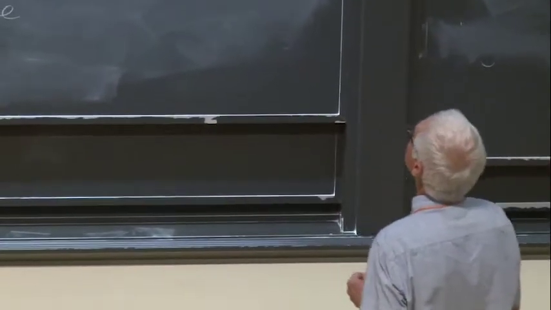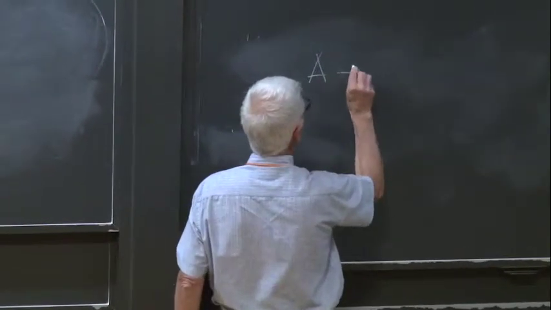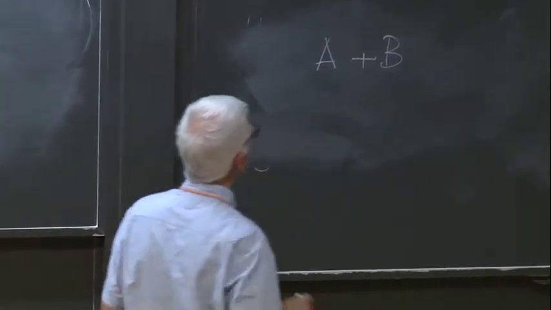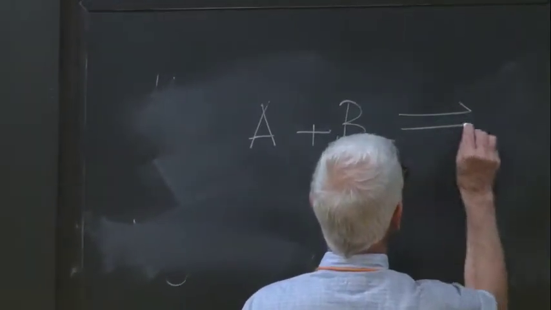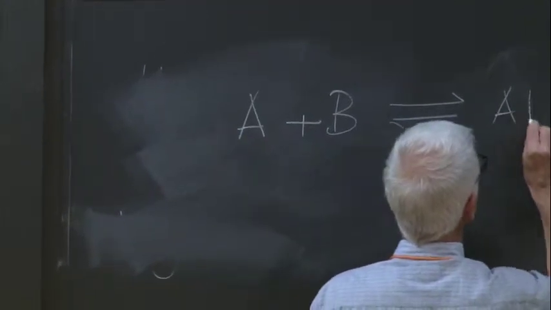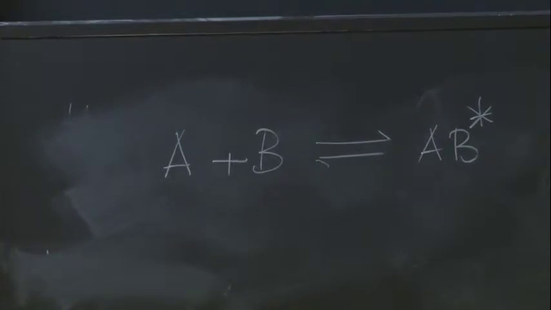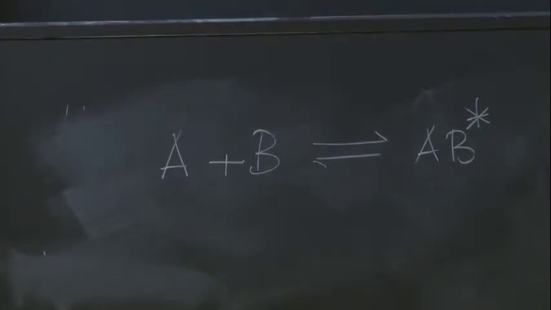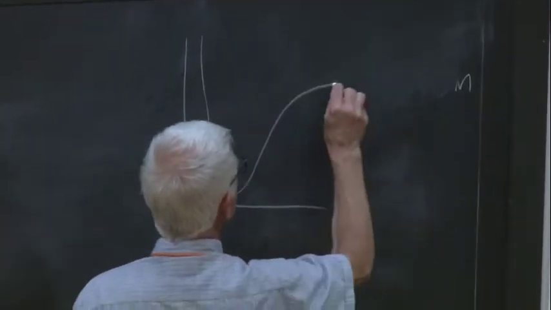So what we're doing is we're taking a reaction, A reacting with B. And what they're doing is they're forming something which we're going to call AB star, which is an energized molecule. It's a molecule with a lot of energy in it. If you want to look at it in terms of potential energy, then the potential energy function looks like this.